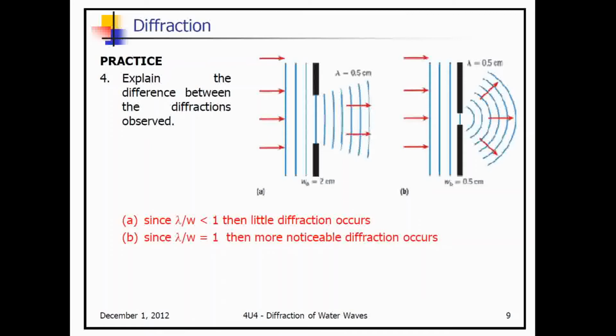For the first wave, because we have a lambda over w that's less than 1, we end up with non-noticeable diffraction, except at the edges. And in the second, because our lambda over w is 1, because it's 0.5 divided by 0.5, we have noticeable diffraction throughout.